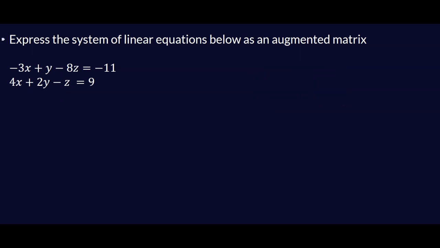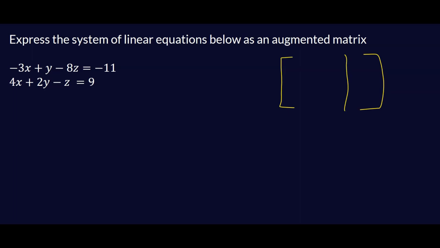Let's try another example. Express the system of linear equations below as an augmented matrix. We've got negative 3x plus y minus 8z equal to negative 11, and 4x plus 2y minus z equal to 9. So let's go ahead and express this as an augmented matrix. We start off by drawing our matrix symbol.